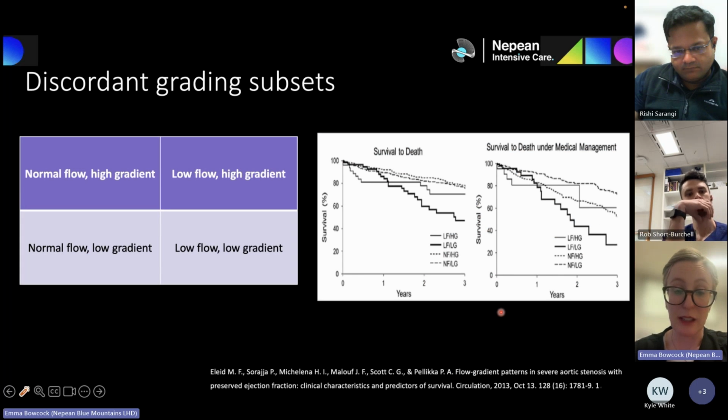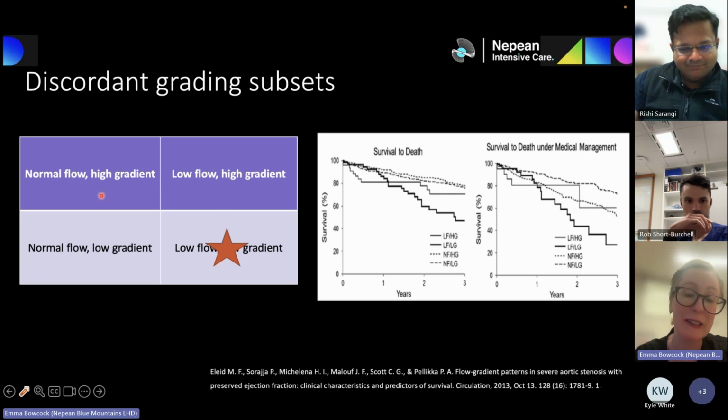So, as I said, these patients that have this low flow, low gradient, they have the poorest prognosis. So it does have a prognostic importance as well. I suppose there are sort of 4 different categories, right? You can have normal flow, high gradients, which are nice, happy days. Everyone, that's easy. You can have patients that have low flow but still have high gradients because they've got such severe AS and it doesn't cause any trouble.